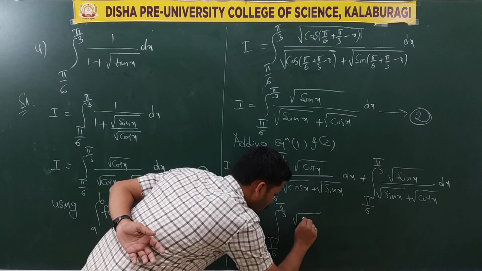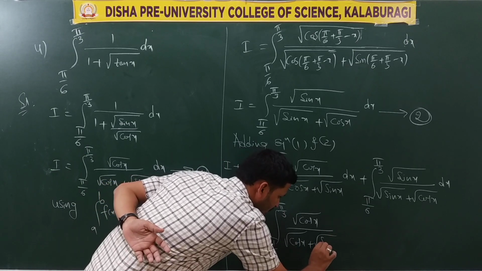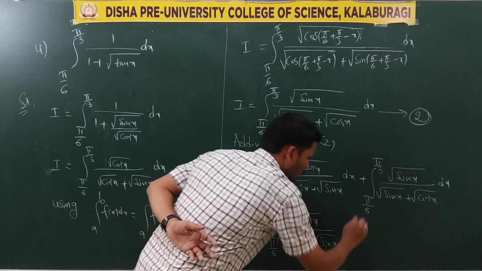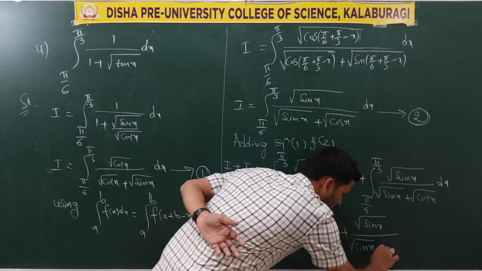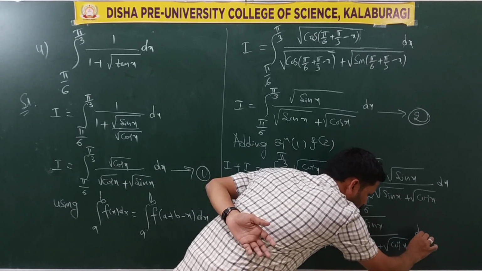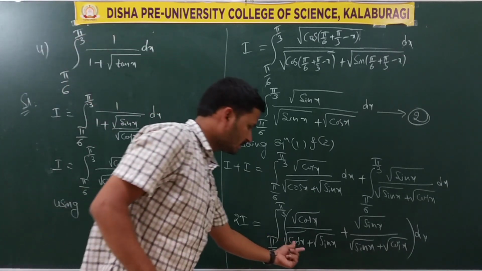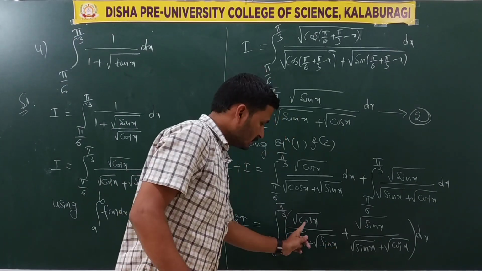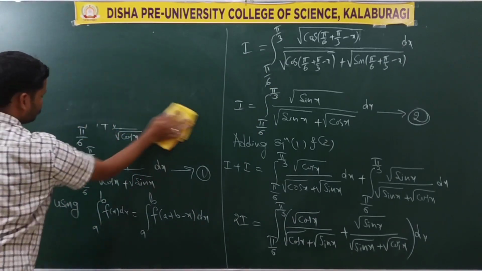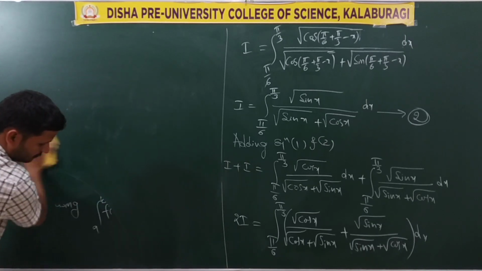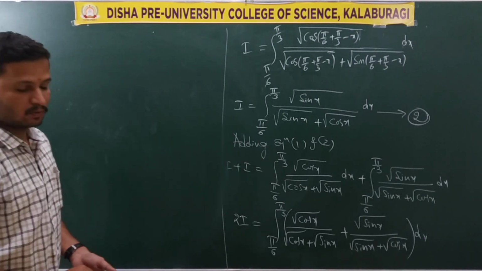So that is root of cos x divided by root of cos x plus root of sin x, plus root of sin x divided by root of sin x plus root of cos x, into dx. Okay, and now the LCM is root cos x plus root sin x. Then add the numerators. Write it like that first and understand.